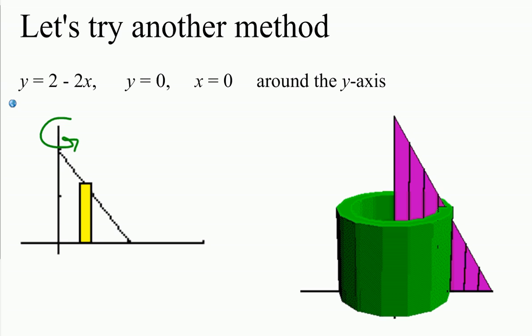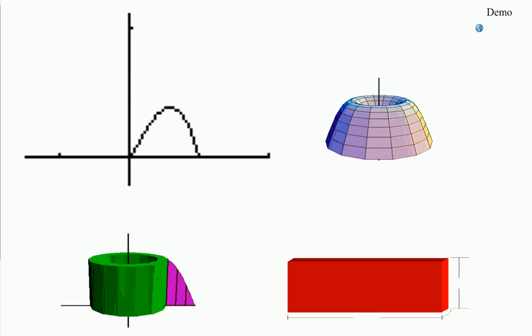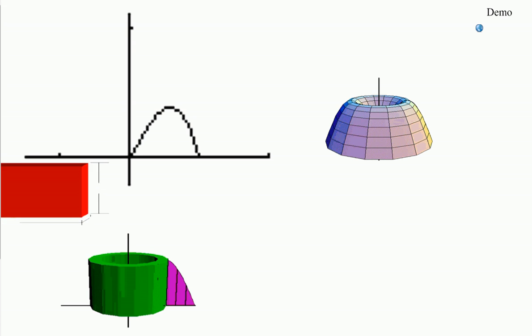So we are going to end up having this shell over here. If you think about slicing it down the center and laying it flat, it will look like a rectangular prism, like this guy over here.